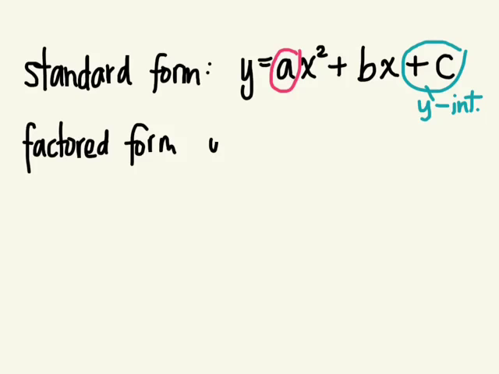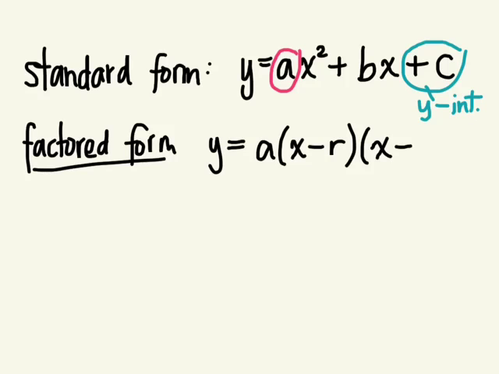Today you are going to learn about a quadratic equation written in another form, which is called factored form. So it looks like this, okay? We'll talk about what these variables mean. Do you think A is any different when it's in factored form? Yes or no?